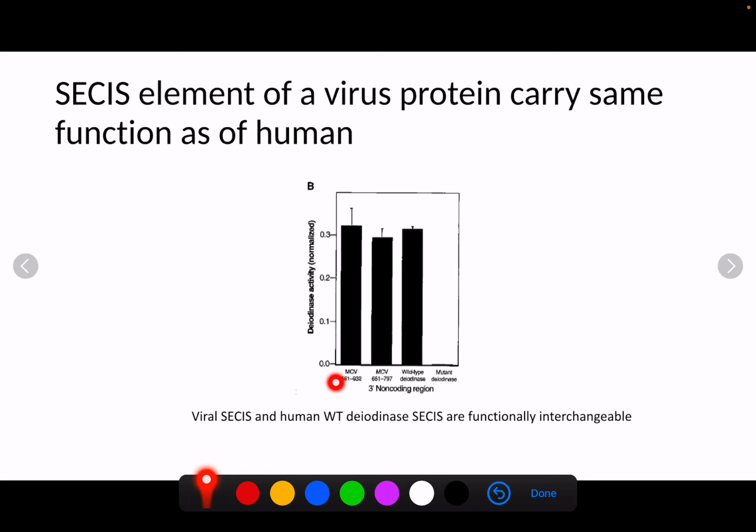It seems the element transfected from the virus worked as well as the wild type. So this figure proves that the selenocysteine element of the viral protein is interchangeable with the human protein.